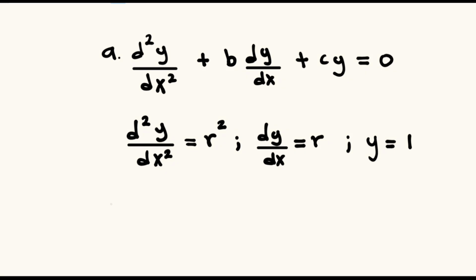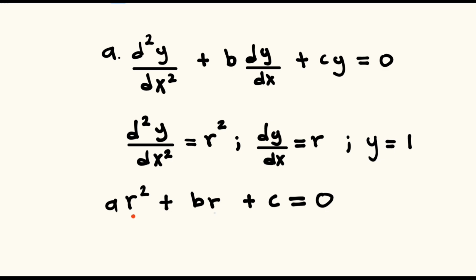So our auxiliary equation will be a multiplied by r squared plus b multiplied by r plus c multiplied by 1, which is c, and the right hand side is equal to 0.